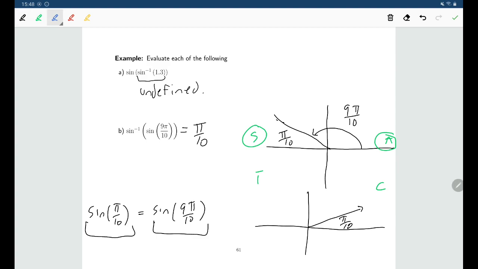We said that because sine is positive in both quadrants 1 and 2, and since 9 pi over 10 was in quadrant 2, the other angle we'd be thinking about would be in quadrant 1, and it would have to have the same reference angle of pi over 10, which meant that sine of pi over 10 and sine of 9 pi over 10 were both equal to each other. So sine inverse would give me as its output pi over 10, the angle that gives you the same value as sine of 9 pi over 10, but with an angle that happens to be in that restricted domain from negative pi over 2 to pi over 2.